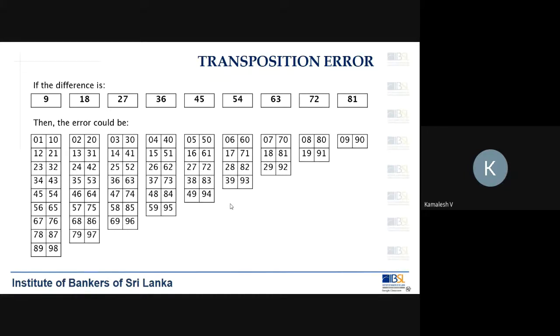The chart that you see here shows the probability that there could be a transposition error. Just have a look at how these numbers can cause a transposition error.